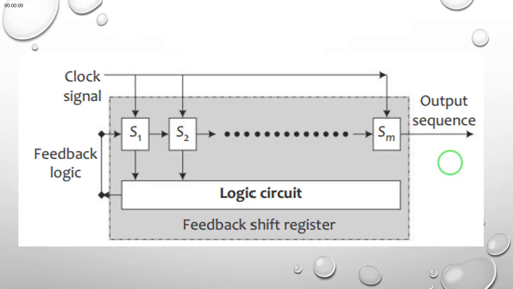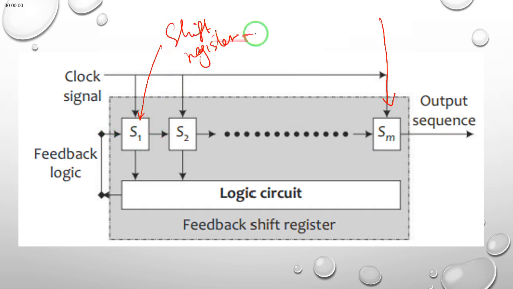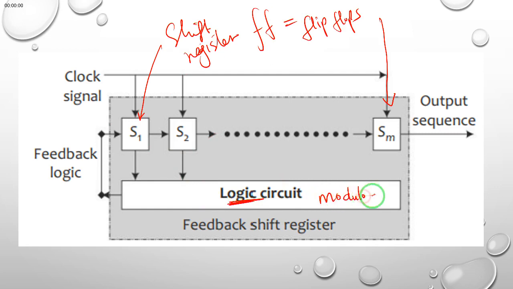And here you have a brief diagram that illustrates a typical generation of spreading code, where we have shift registers S1 all the way to SM, and the output of these shift registers, which are sometimes called flip-flops or FF, are fed into the logical circuit, which sometimes is considered to be modulo 2 adders, and a modulo 2 adder is sometimes considered to be equivalent to XOR.